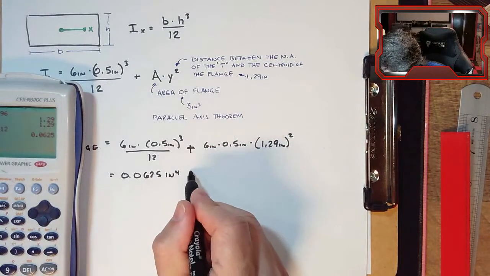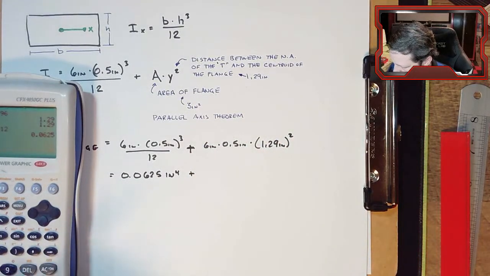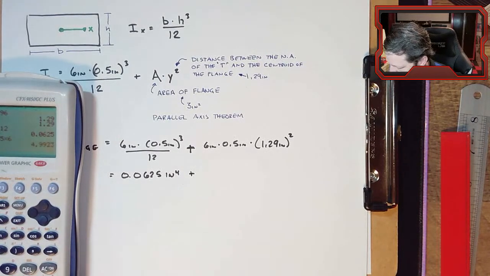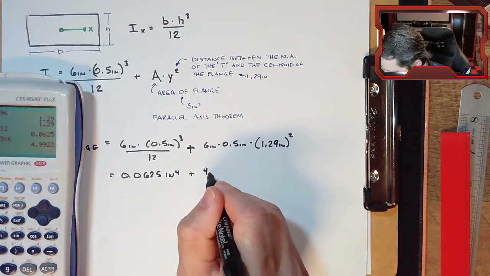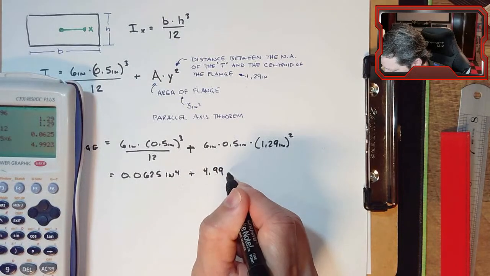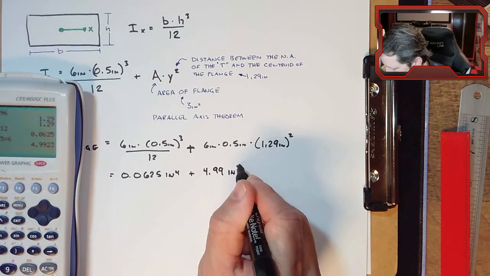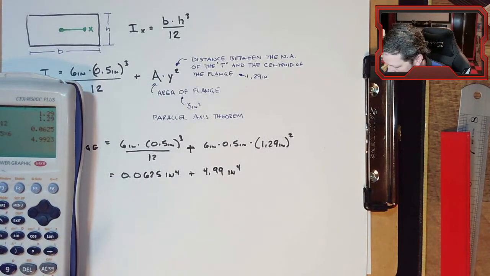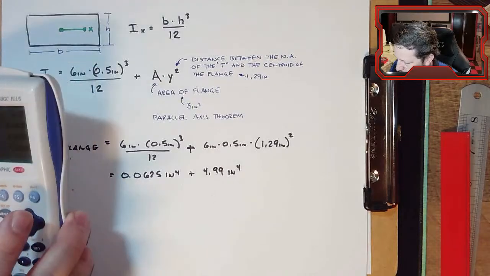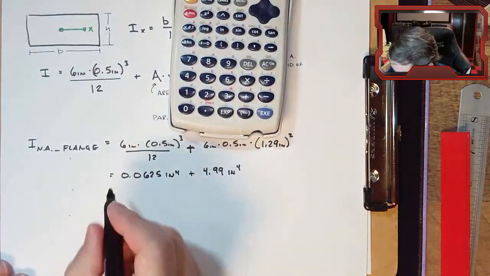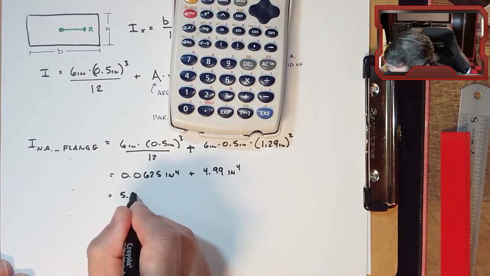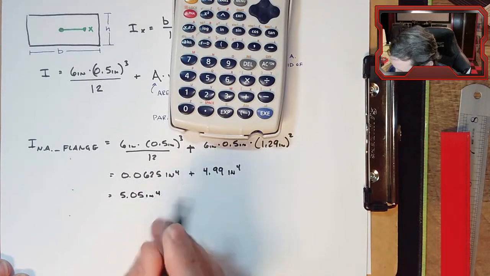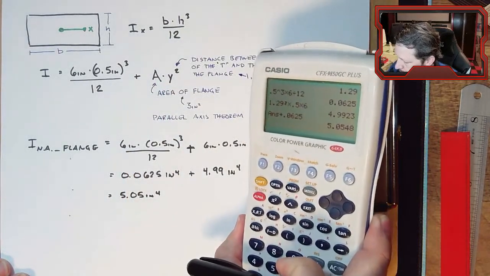This term, 1.29 squared times 0.5 times 6, is 4.99 inches to the fourth. Then we add these together. 5.05 is what we'll call it. You could put another 5 in there, 5.055, I suppose.